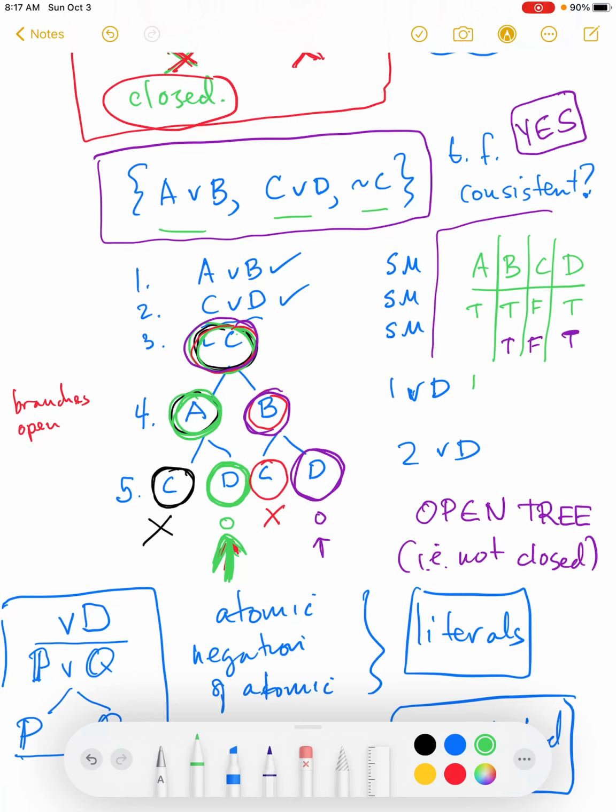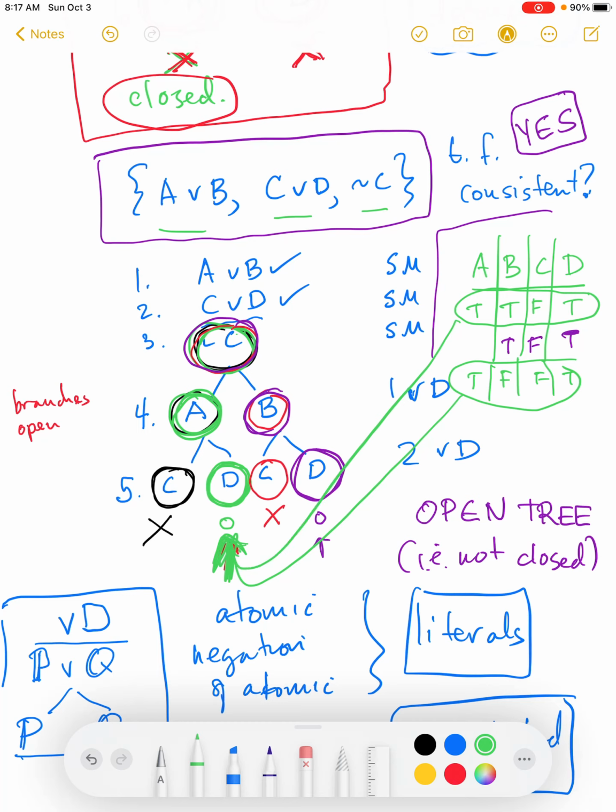B could be true, or all these other things happen and B could be false. These two truth value assignments, the ones I have in green here, both come from that open branch, because it doesn't tell us about B, which means that B could be either true or false. It just tells us that any truth value assignment that makes D true, A true, and C false does the job, so B could be either true or false.